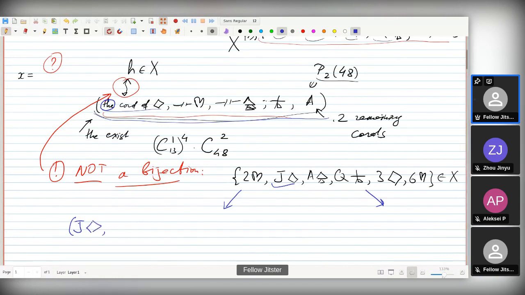Jack of diamonds, then we need a card of hearts, let it be two of hearts, a card of spades, let it be ace of spades, then say queen of clubs, and also we have two remaining cards, three of diamonds and six of hearts. This is one way to describe this hand, but we can easily, for example, swap these two.